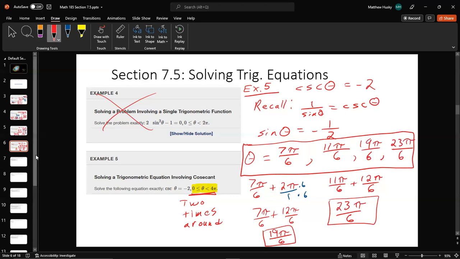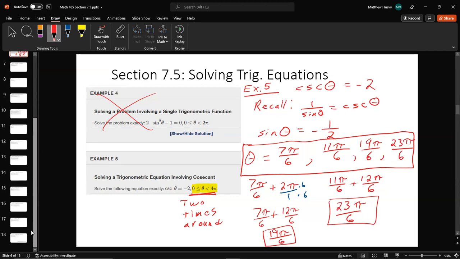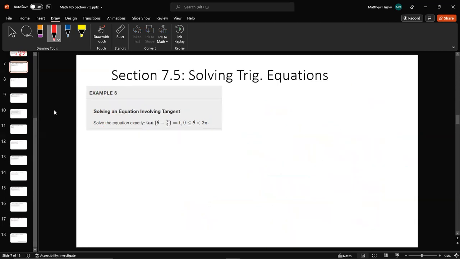Okay, let's see what else we have going on here. So here's one involving tangents. They say the tangent of theta minus pi over 2 is equal to 1. And here we're going from 0 to 2 pi. So where, pray tell, is tangent equal to 1? Well, remember that tangent is the sine divided by the cosine.